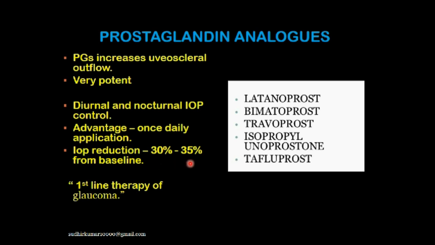So for most of the population, it is the first line of therapy of glaucoma, and the most important prostaglandin analogs used are latanoprost, bimatoprost, travoprost, and now unoprostone, etc.